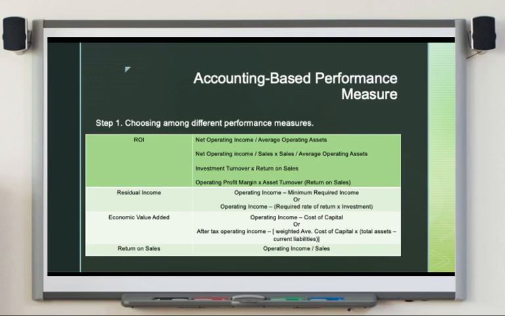And so you may use ROI or return on investment on a particular unit or division, or the residual income measure, the economic value added measure, or return on sales formula.